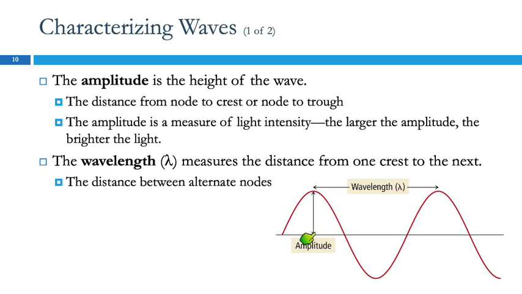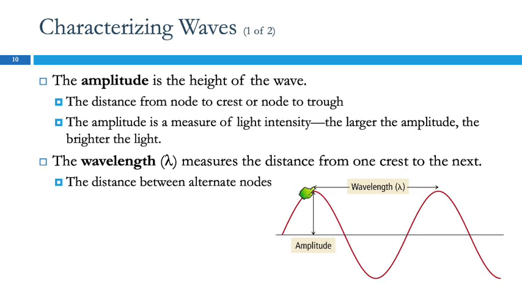And so the amplitude is from this center line to the peak of a wave, or from the center line to the trough of a wave. It's going to be the same. So the amplitude measures how intense the light is, how bright it is. The larger the amplitude, the brighter the light.